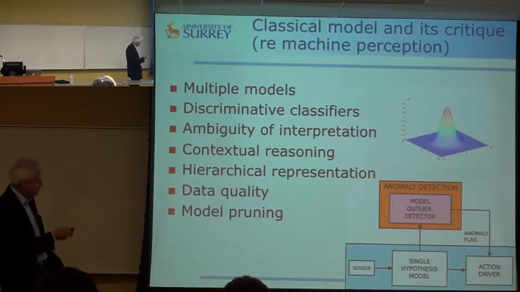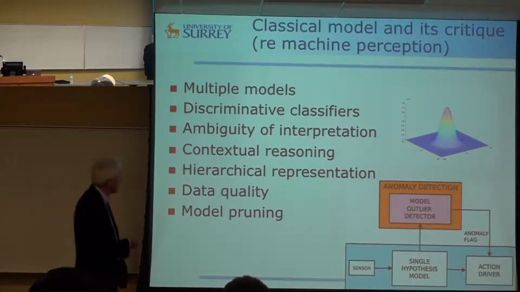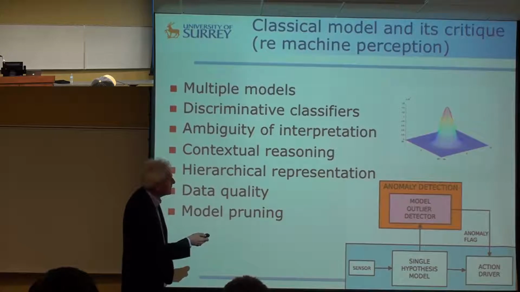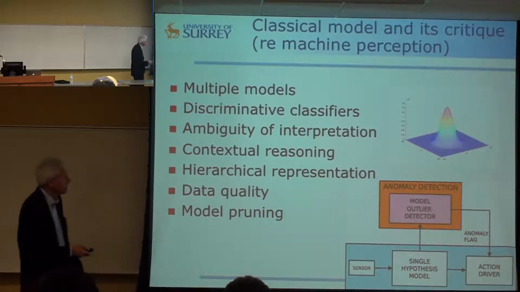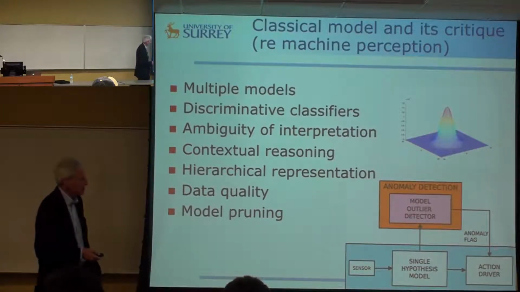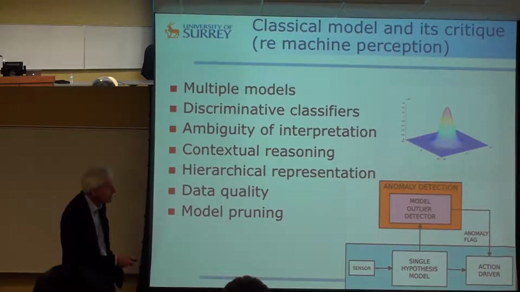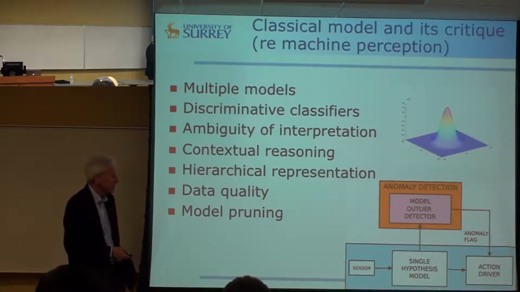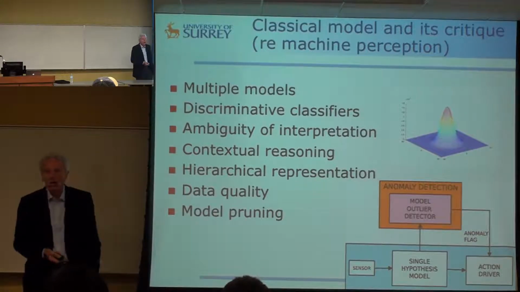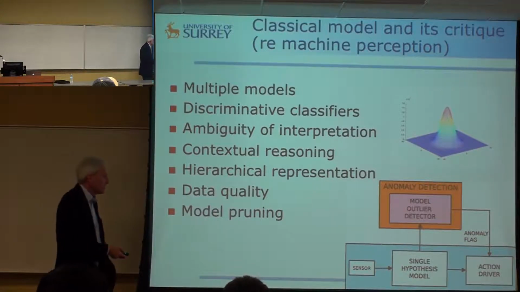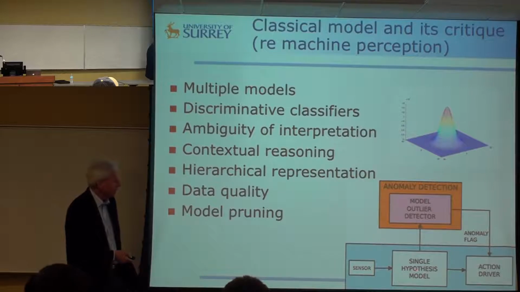So we can see that all these problems are not really handled by the classical notion of anomaly detection, which is represented here. The classical notion deals with this sort of situation: we have a sensor, we have some very simple model of the data that the sensor is collecting, and a model of the world.